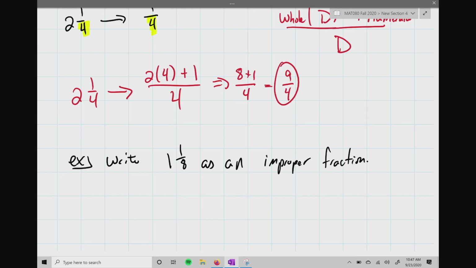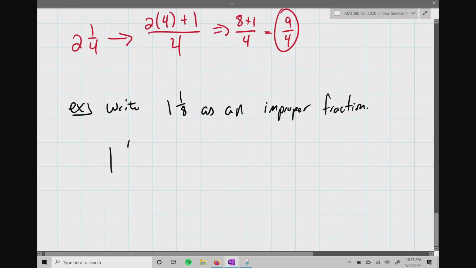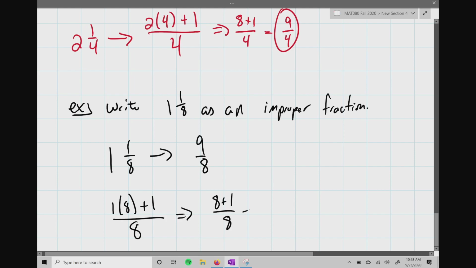All right, what did we get as an answer? So we got 1 1/8. And what did you get as an improper fraction? 9/8. 9/8. Very good. So let's go through real quick. So the denominator stays the same. I take the whole number times my denominator, and I add the numerator. All right, perfect. Looking good?